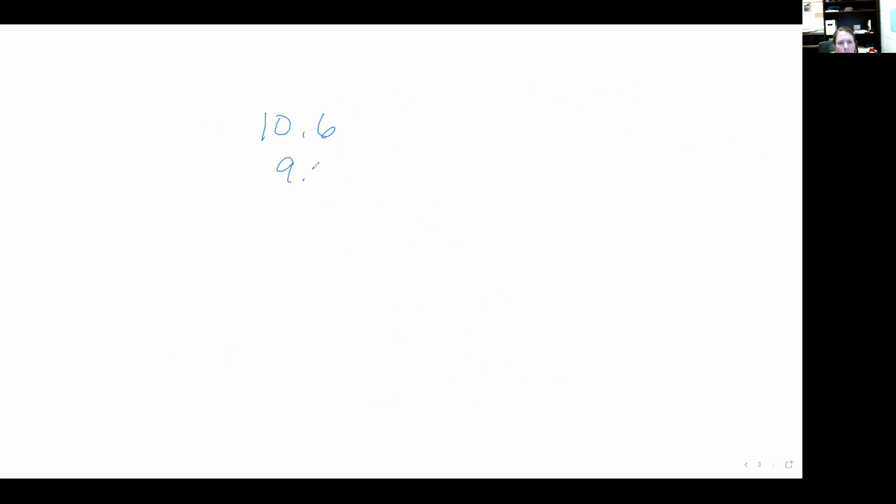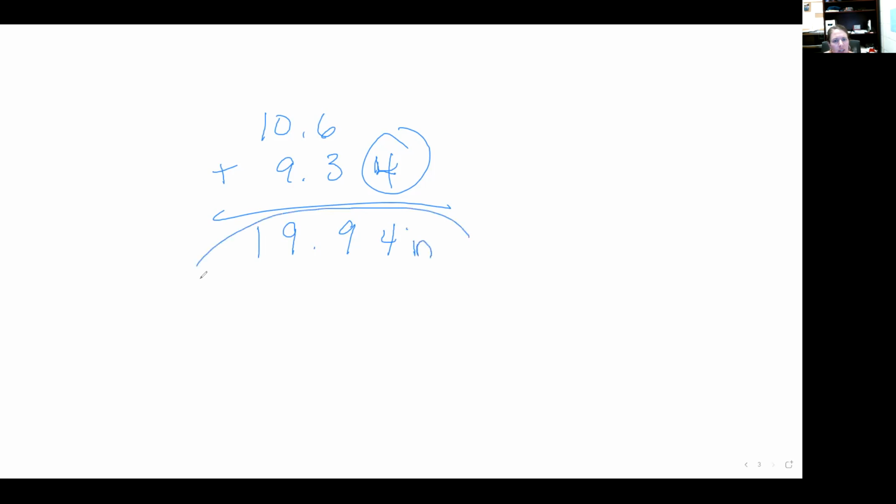What is the rightmost significant digit? Well, this is the tenths place, and this will be the hundredths place. That means we need to round our answer to the hundredths. We're adding these, so this will be a 4, a 9, a 9, a 1. So we would end up with 19.94 inches as our answer.